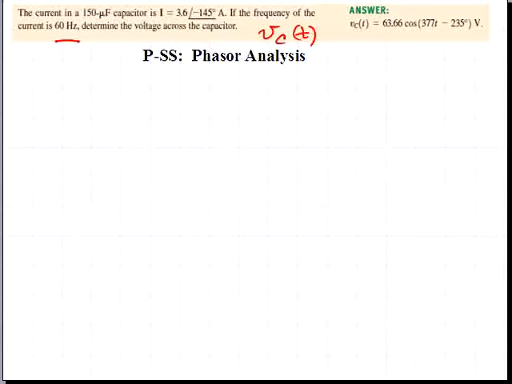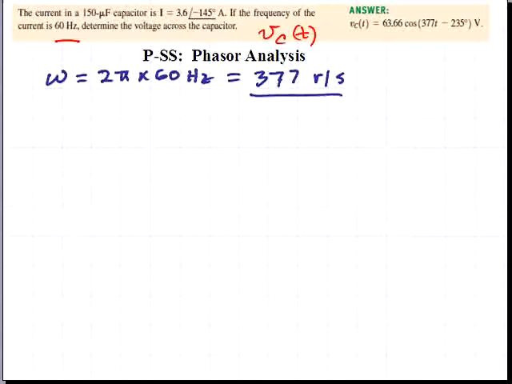So we'll calculate the radian frequency is equal to 2 pi times 60 hertz, and that is equal to 377 radians per second. And we have the phasor capacitor voltage current relationship can be expressed here.